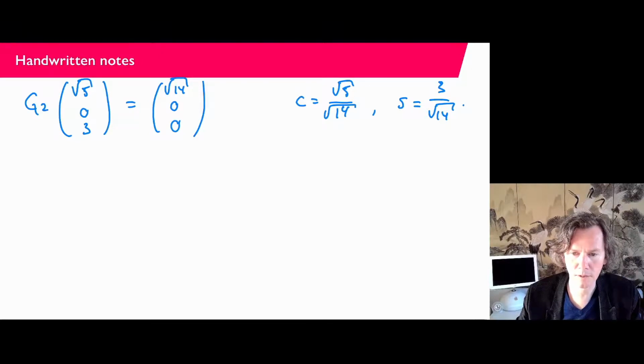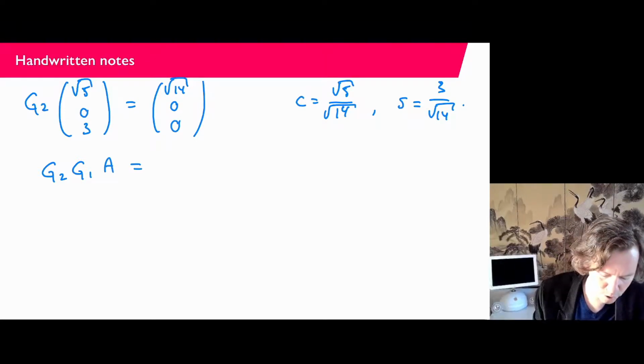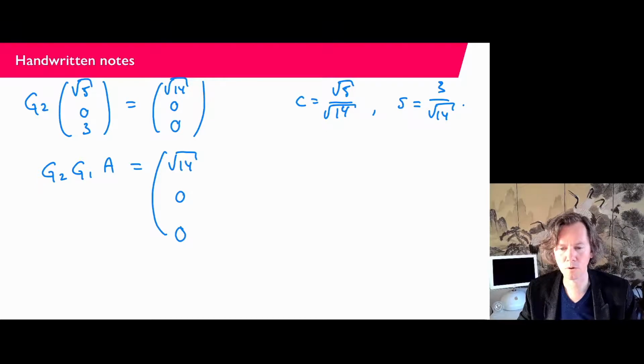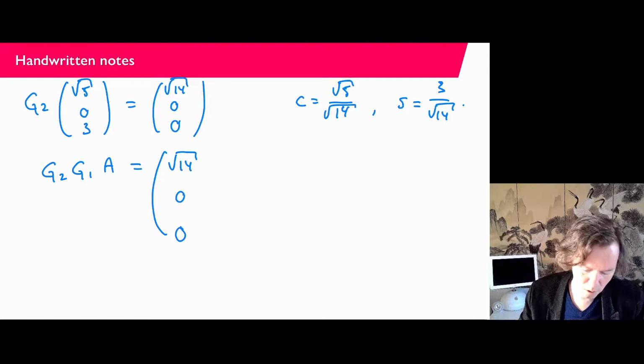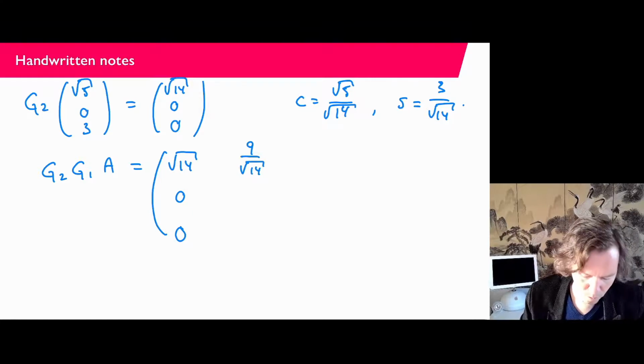And then you can form G2, and you can also compute G2 G1 times A. If you do that, the first column we know: square root of 14, 0, 0. The second column becomes 9 over square root of 14, minus 1 over square root of 5, 1 over square root of 70.